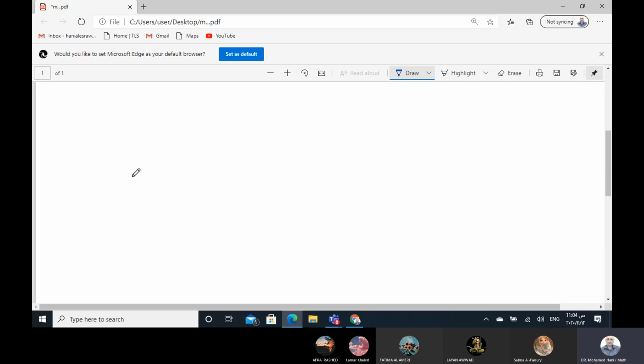The third example, we have 4 over 12 plus 6 over 12. Here I can add directly because I have like fractions. I have the same denominator here. Here 12, here 12, so you can write 12. Now 4 plus 6 will be 10.